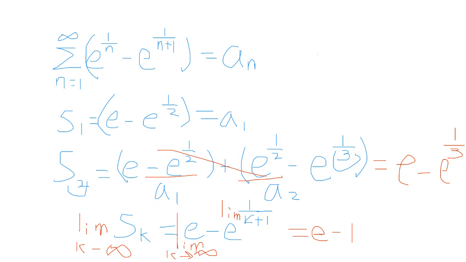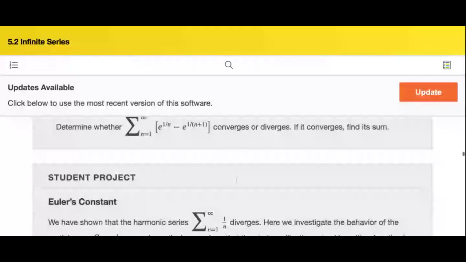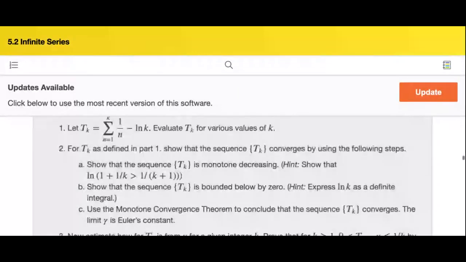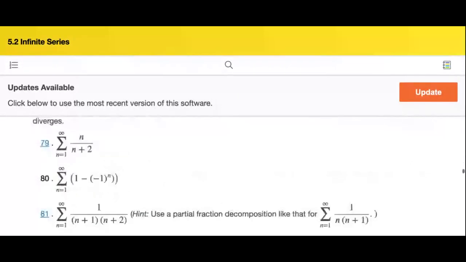Okay, anybody else have any questions? If not, let's keep moving. So that's basically the telescoping series.